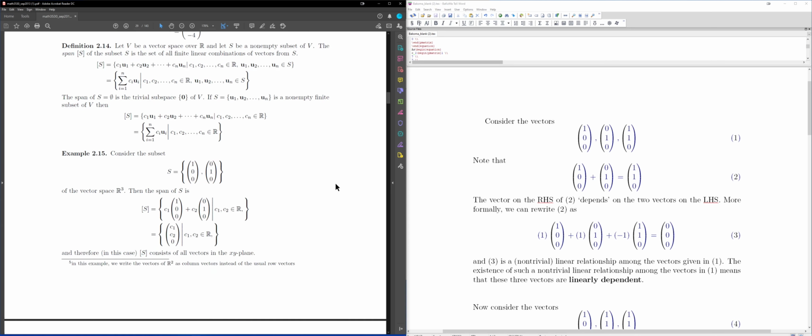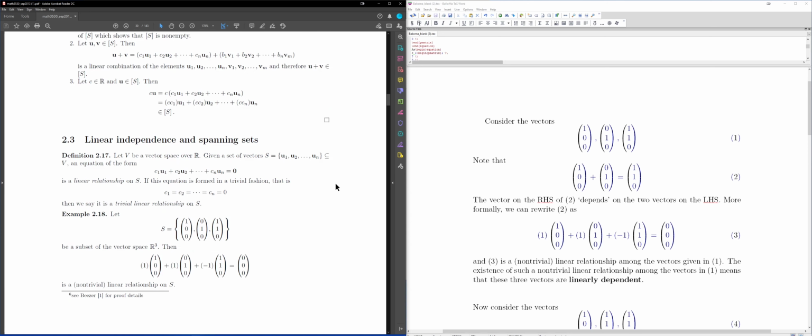So what's the definition of a linear relationship? If I have a vector space, in this case R3, and I have a set of vectors u1 to un, in this case three vectors, u1, u2, and u3, and I have an equation of this form, where you take your first vector and multiply it by a scalar, take your second vector and multiply by a scalar, third vector, multiply by a scalar.